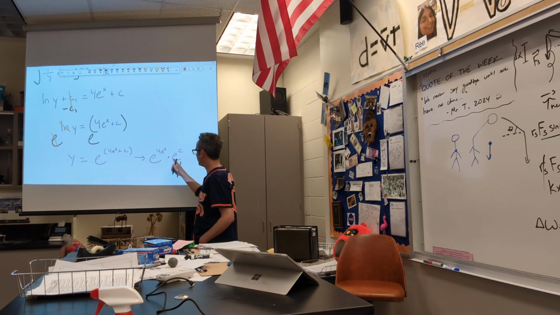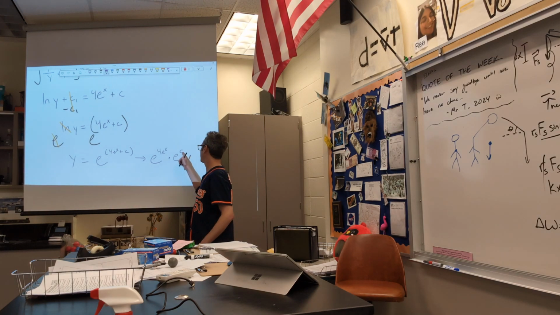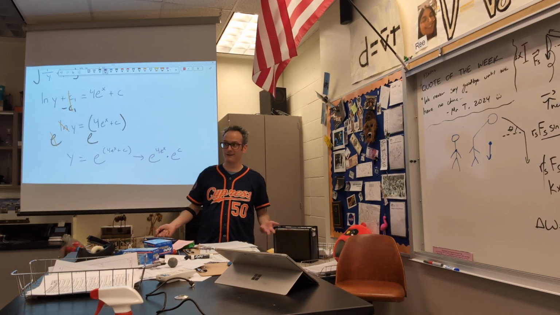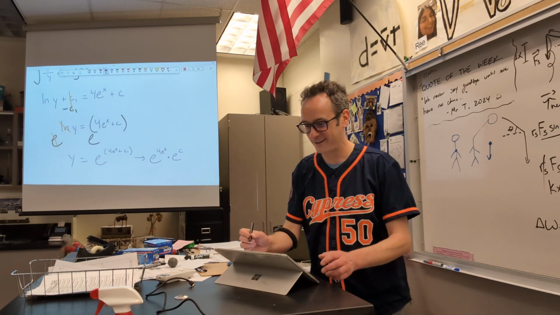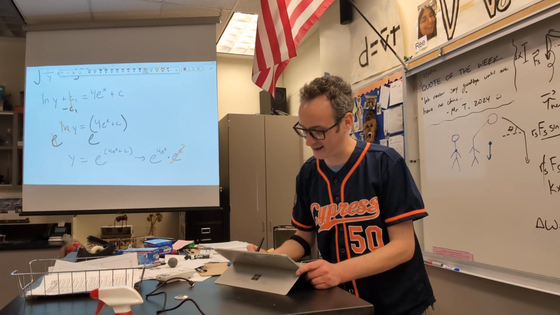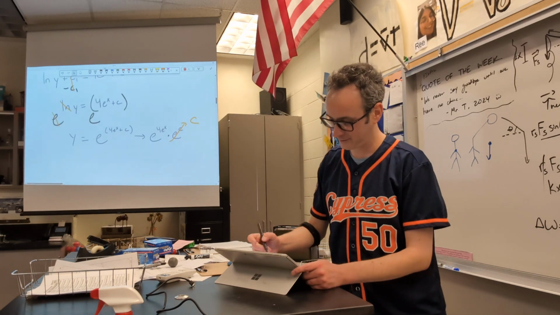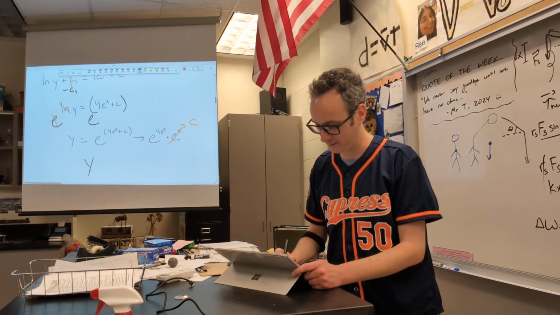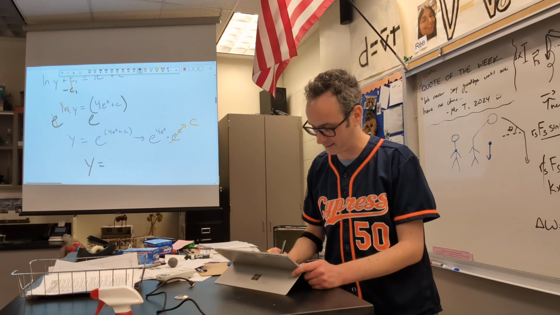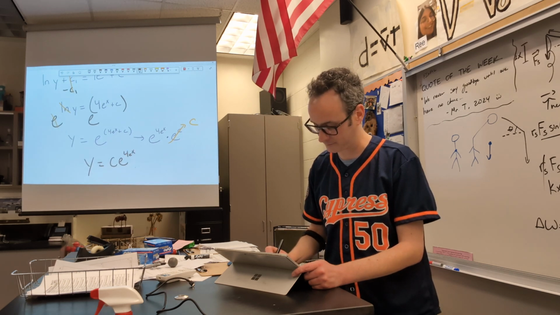Well, we got e, which is a number, to the power of a constant. So that's just going to be another constant. So uber C strikes again, and it all absorbs into the same C. So my final answer here would just be y equals C e to the 4 e to the x.